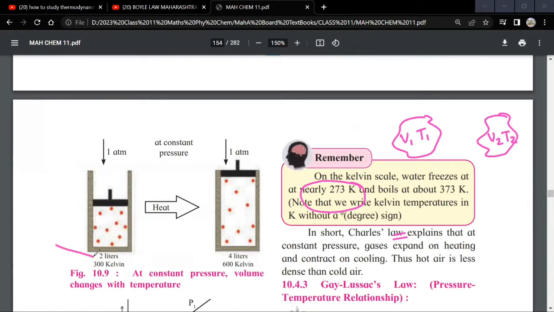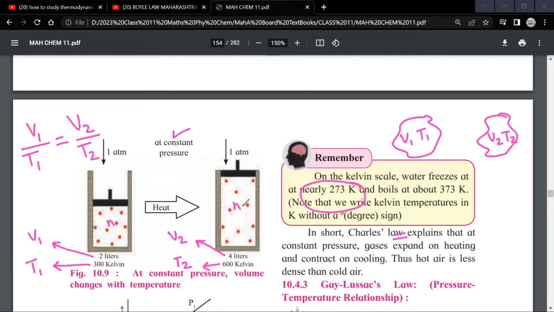So for example, this can be taken as V1 and this as T1, and this would be V2 and this would be T2. Any doubt? So the law is saying that V1 upon T1 is equal to V2 upon T2 when the pressure is constant and the number of moles of the gas are constant. Are we clear on one thing?